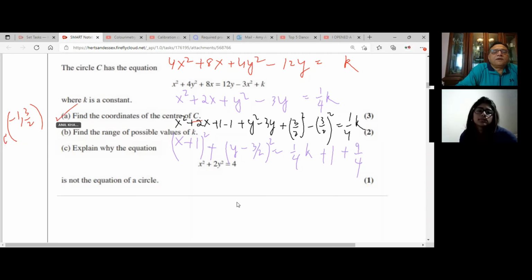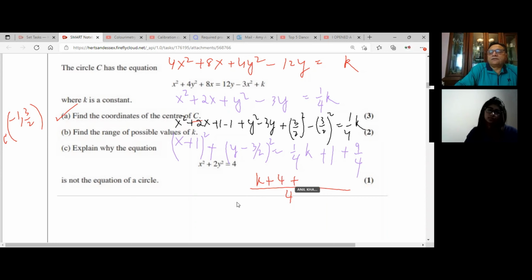Find the range of possible values of k. Now the right side has to be positive, and the square root of this is basically the radius. When you add this up, 4 is a common denominator, so we get k plus 4 plus 9, which is 13 plus k over 4.